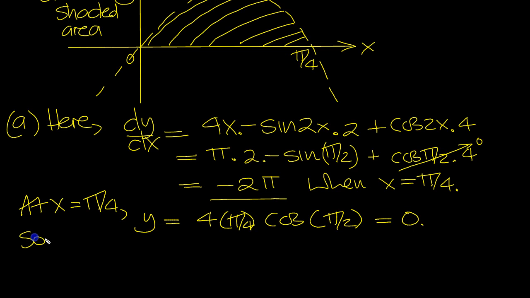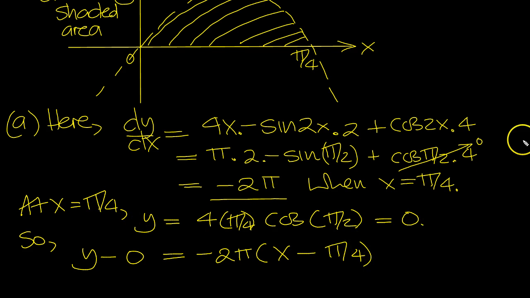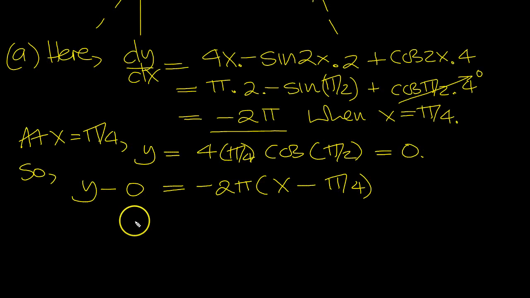So, tangent then, y minus the y coordinate is equal to the gradient. The gradient of the tangent is minus 2 pi, times x minus the x coordinate, which is the value pi over 4 on the curve. Okay, so y is equal to minus 2 pi x plus 2 pi times pi over 4, which will be pi squared over 2.